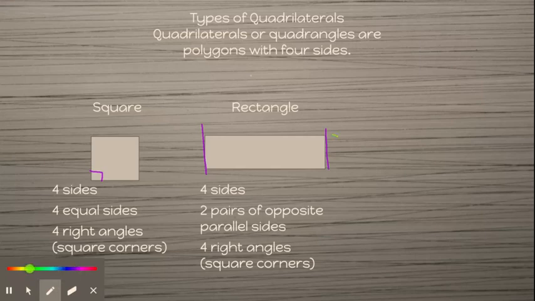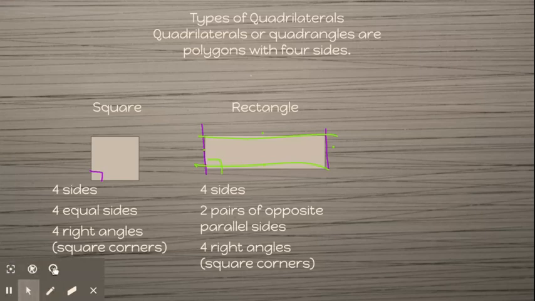And then the top and the bottom are parallel. They will never cross. So that's why we say 2 pairs of opposite, opposite meaning across from them. And there are 4 right angles, just like with the square. So I can draw that little box to show that it is a right angle.